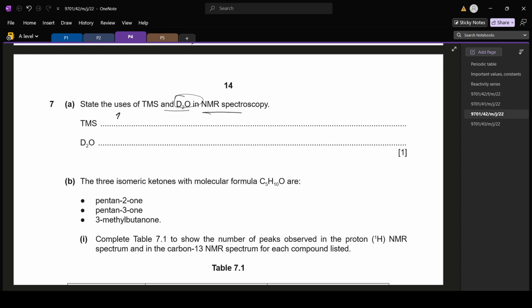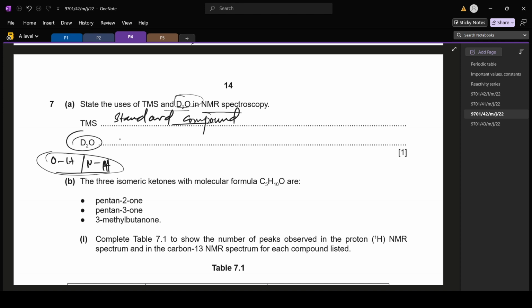Now D2O, it is a heavy water and it is used to identify the OH group or NH group, because D2O makes the peaks of OH and NH disappear. So that's how you identify whether an OH or NH group is present or not.